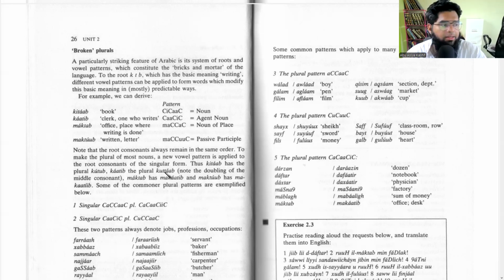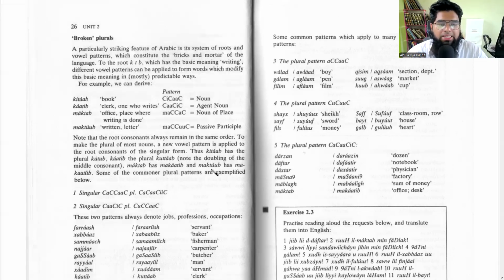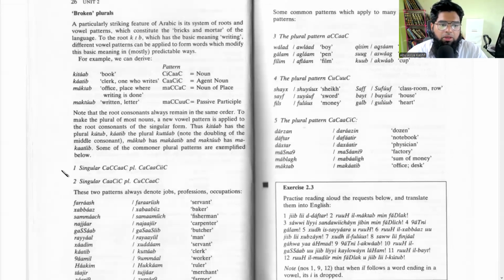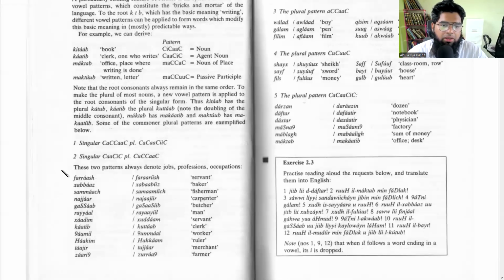A desk. Maktub has makatib. Makatib. Maktub means something written. So it's plural like a lot of books. Makatib. Something like parchments. Okay, so this is consonant, fatha, consonant.